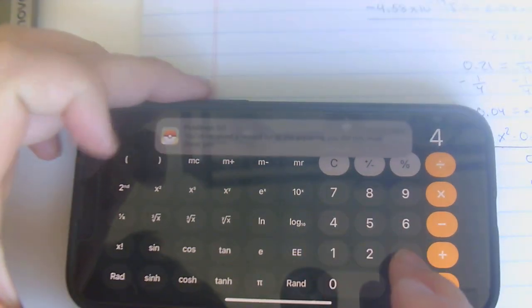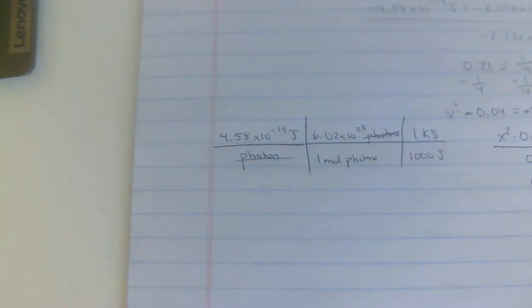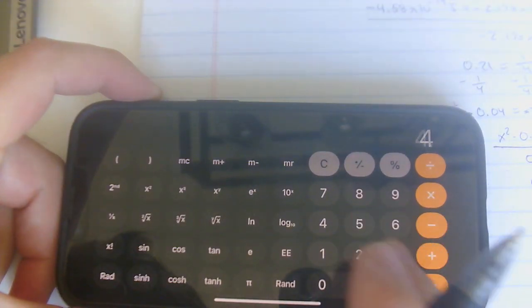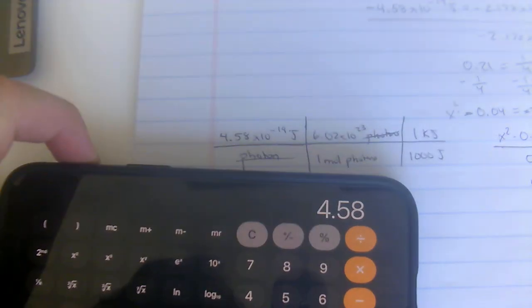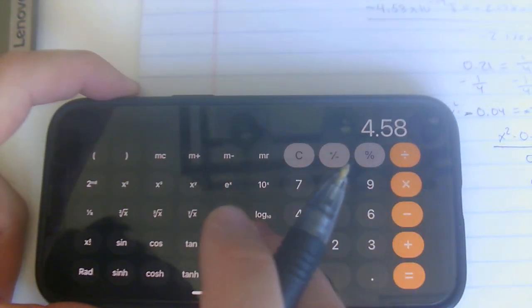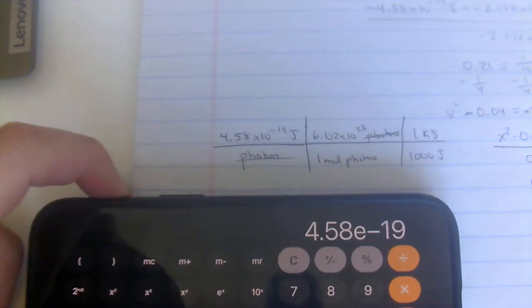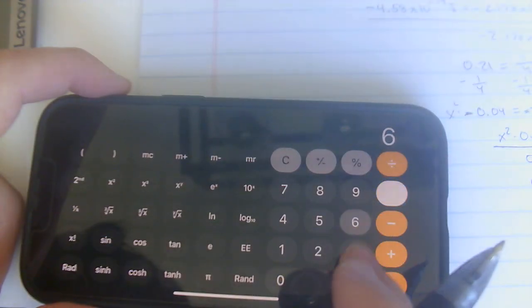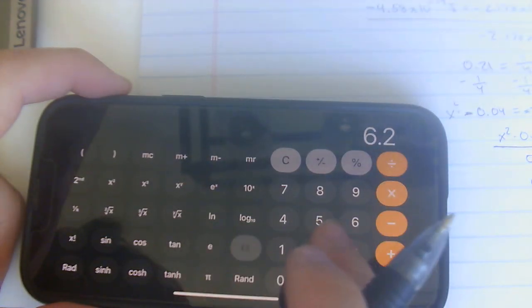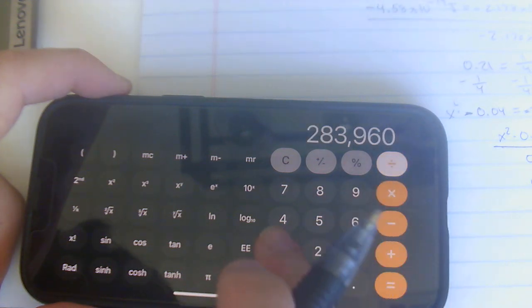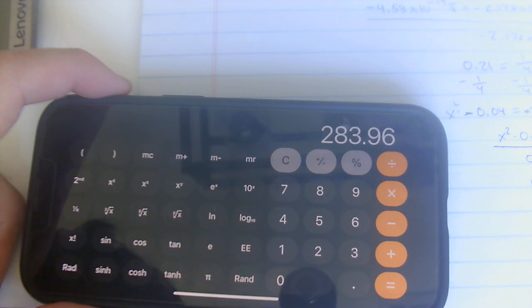So you have 4.58 times 10 to the negative 19, multiply that by Avogadro's number, 6.02 E23, divide that by 1,000.